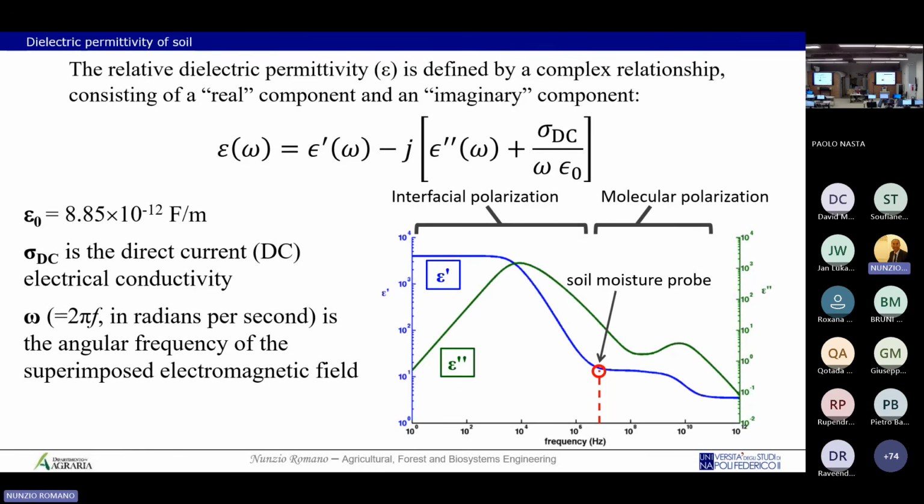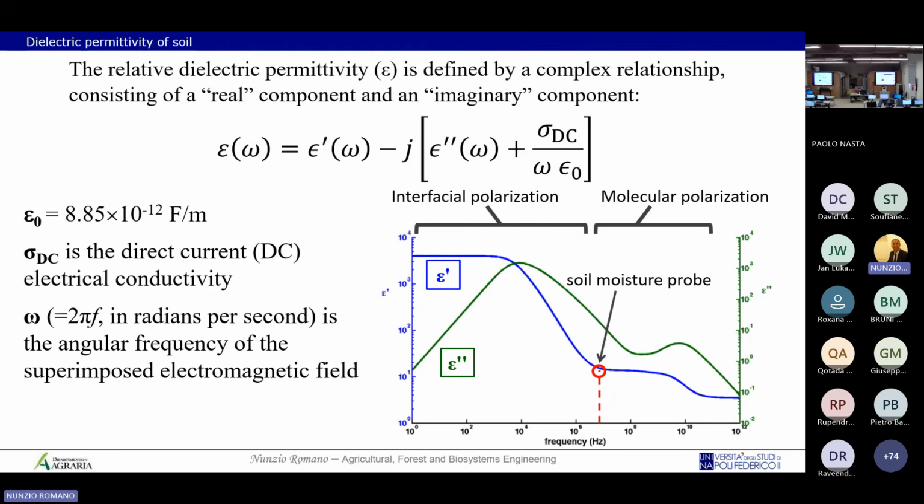And on your left, you can see the meaning of this. This is for those of you familiar with electrical engineering. Usually in this field of research, they split the property in this way. In this equation, we have the permittivity epsilon 0 in farad per meter.